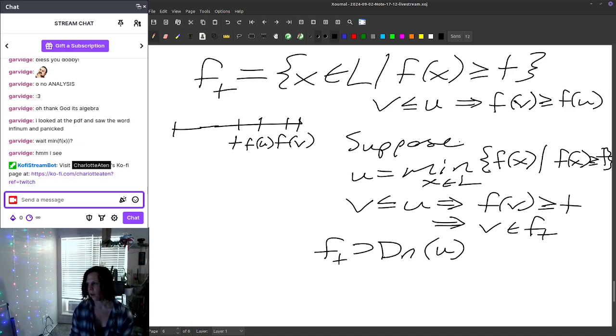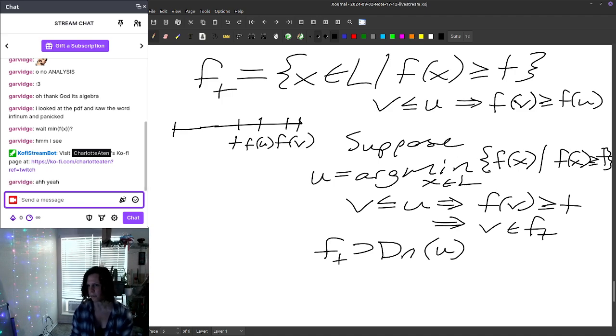People also call this, in case this makes it better, argmin. So you might see that instead. Like, choose the smallest x in the lattice that makes that go. Yeah, that's what I meant. Like argmin.